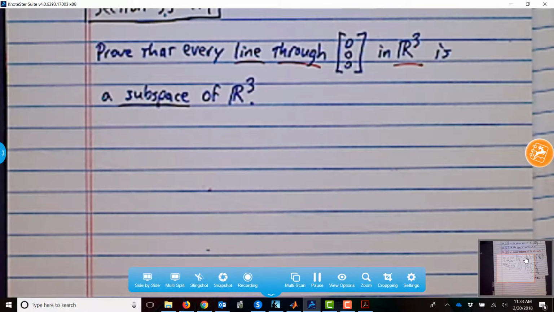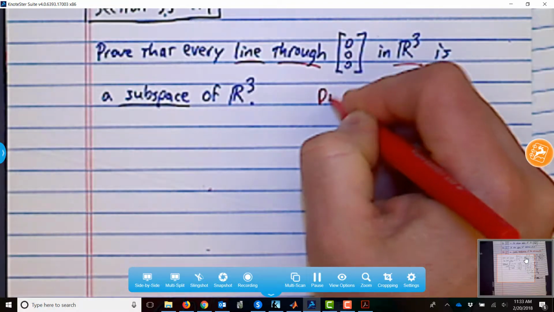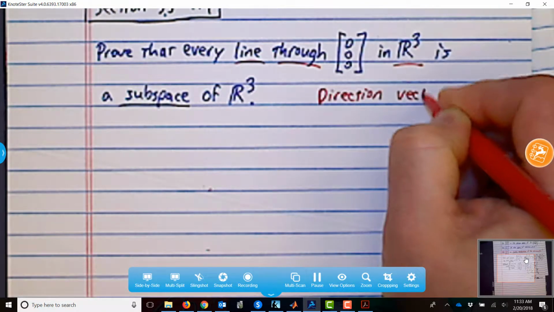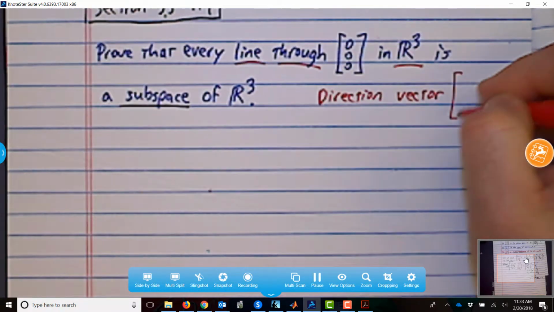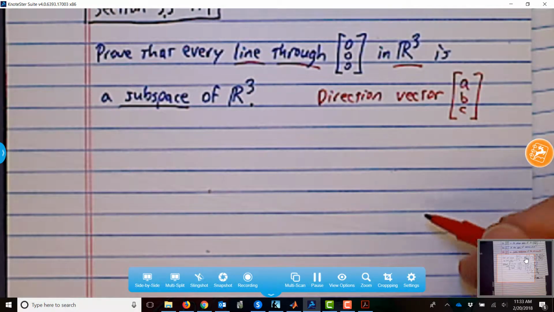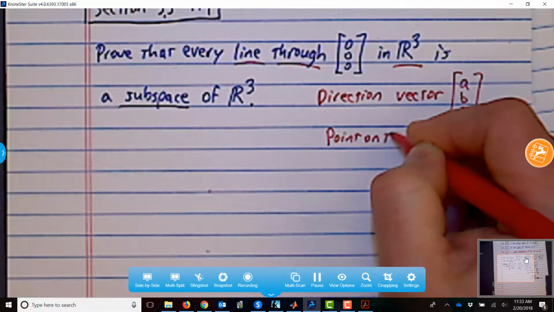Interesting you say that. Way back the first day of class when we talked about lines through R3, one of the things I mentioned to you guys was called a direction vector. Remember that? You need a direction vector like ABC or something like that, and you also need a point on the line.